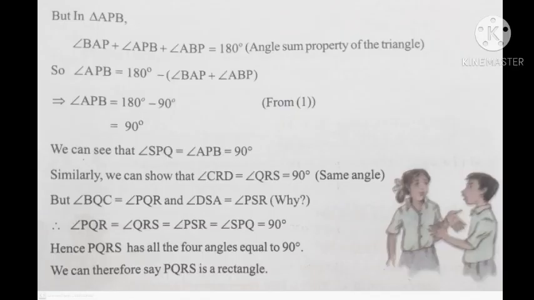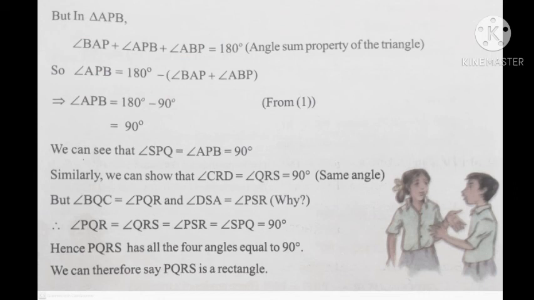But in triangle APB, angle BAP plus angle APB plus angle ABP is equal to 180 degrees since angle sum property of the triangle. So angle APB is equal to 180 degrees minus, sending angle BAP and angle ABP to the right side of the equation, it becomes minus of angle BAP plus angle ABP.